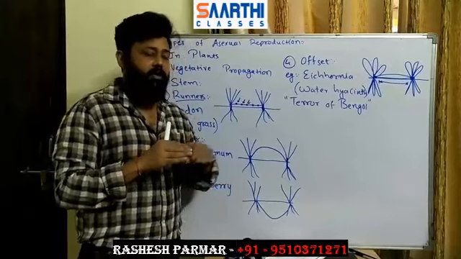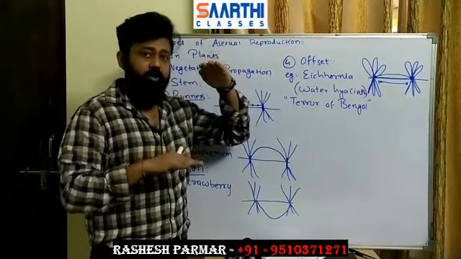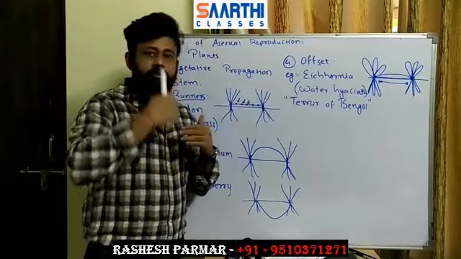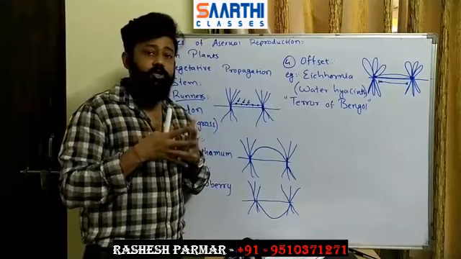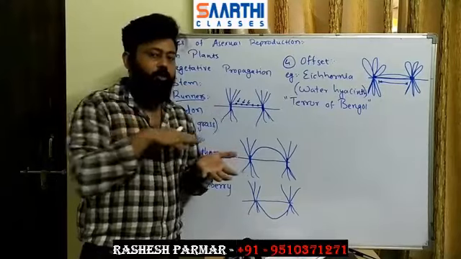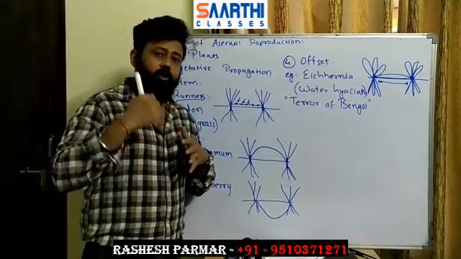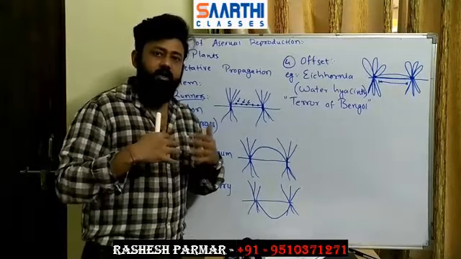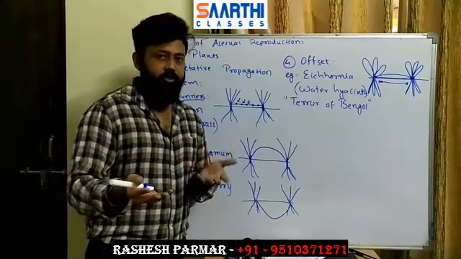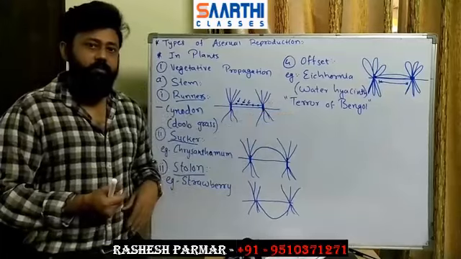Because of that, the contact of air with water gets cut and oxygen diffusion stops because of the layer formed by water hyacinth. Because of that, all the organisms living inside the pond will eventually die due to lack of oxygen. So that's why it is called Terror of Bengal.